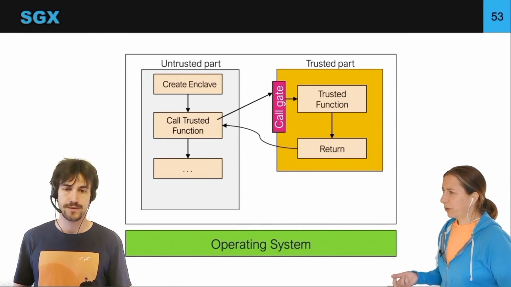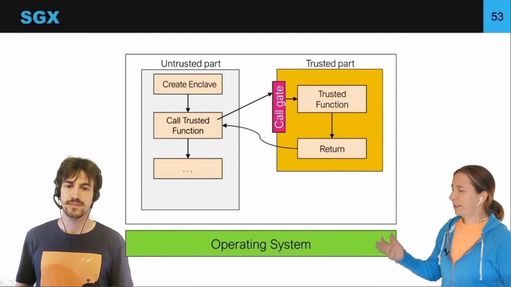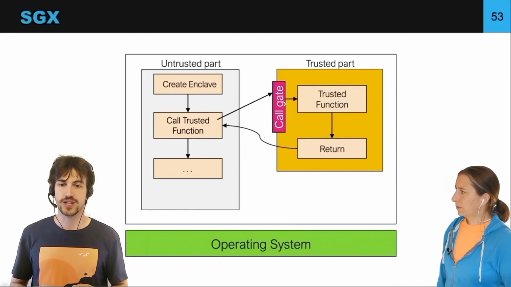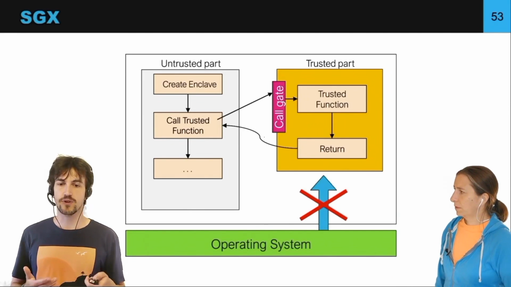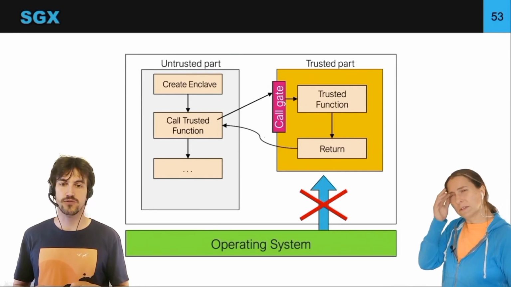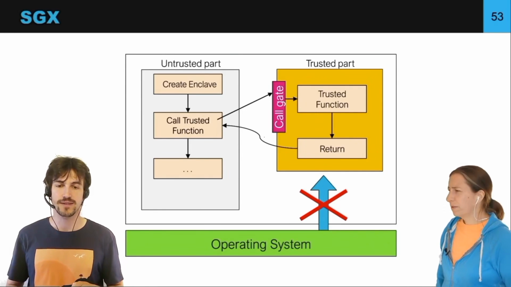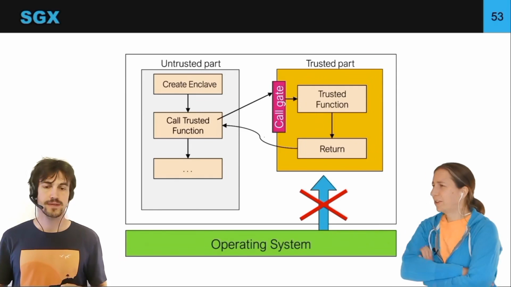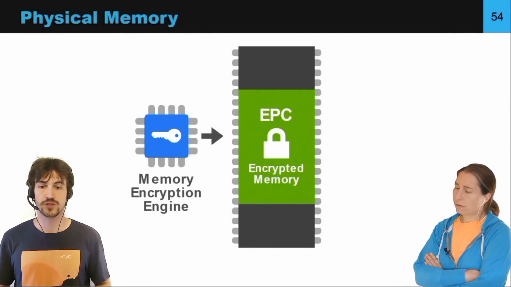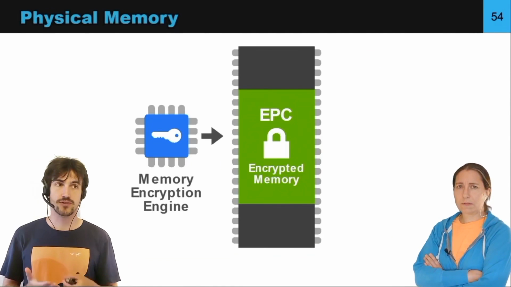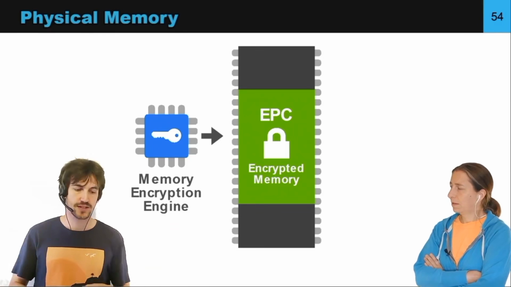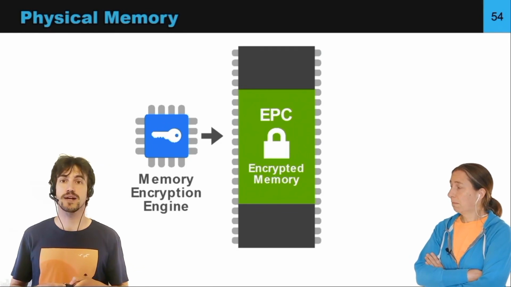But if you're the operating system, can't you just look at the data anyway? No, that's a crucial part of SGX. Even the operating system is untrusted, and the operating system cannot read the enclave memory. So how is it protected then? How can you do that? That uses something called the memory encryption engine that encrypts and integrity protects all the data that is written to external DRAM.